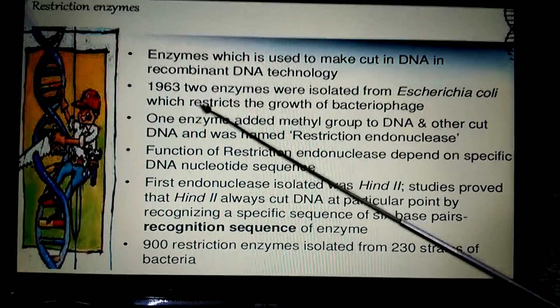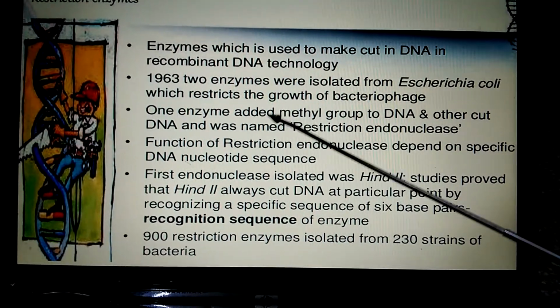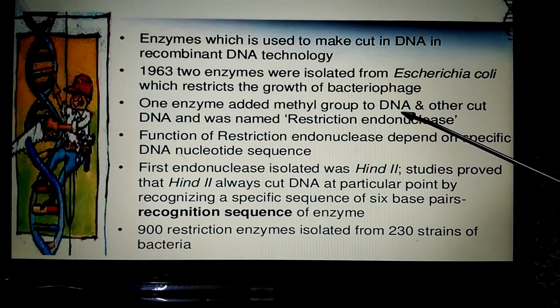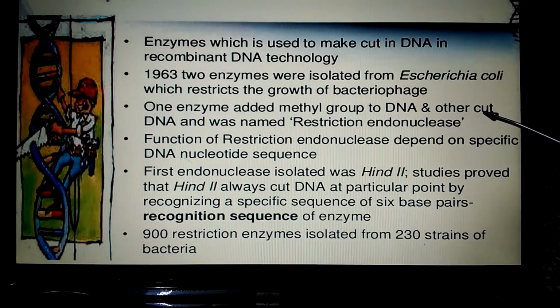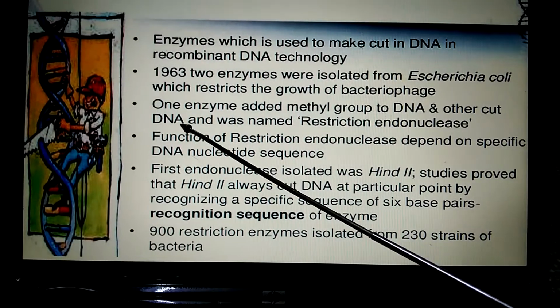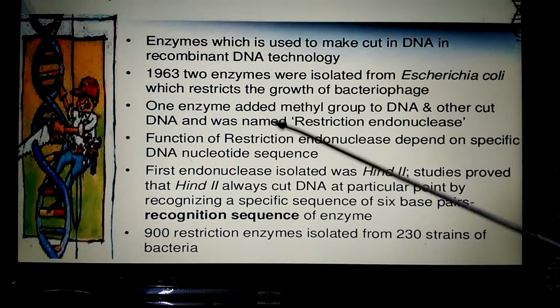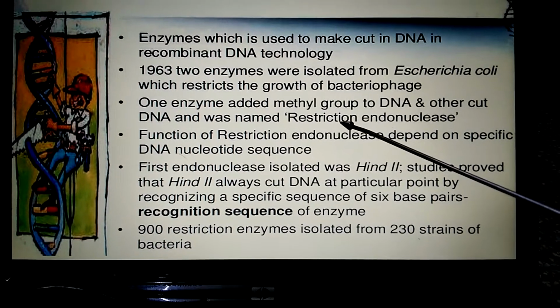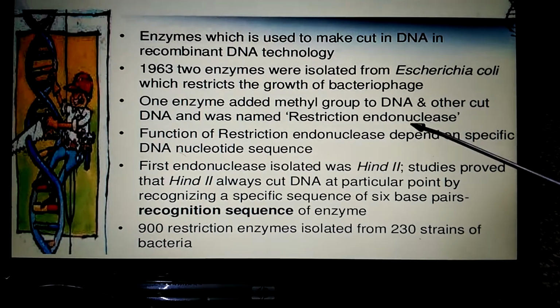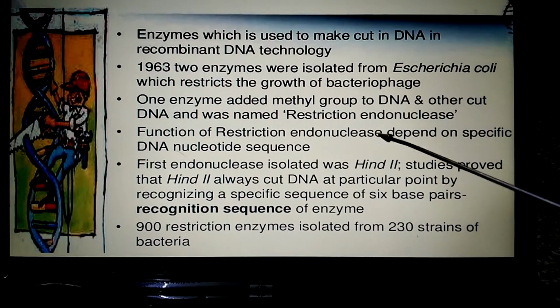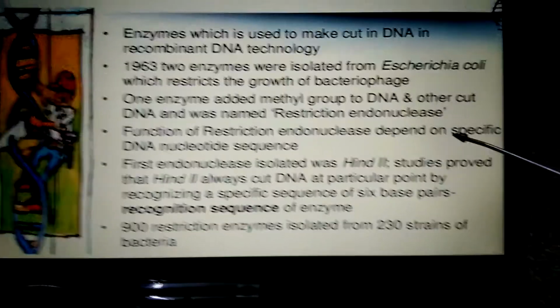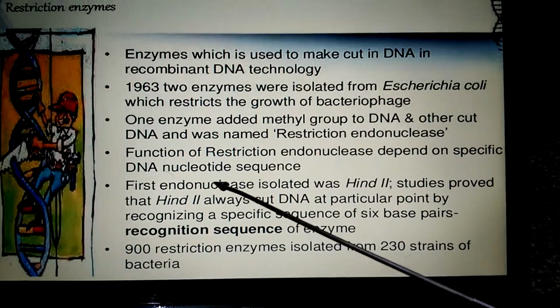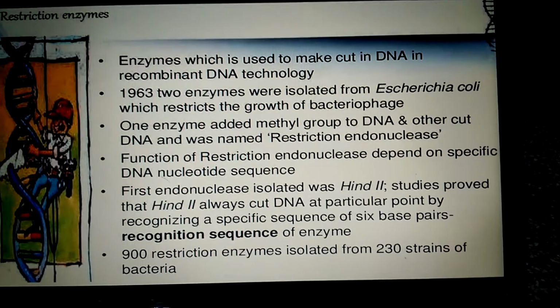coli. One enzyme added a methyl group to the DNA and the other enzyme cut the DNA. So, the enzyme that cut the DNA was later named restriction endonuclease. The function of restriction endonucleases depends on the specificity of the DNA nucleotide sequence.